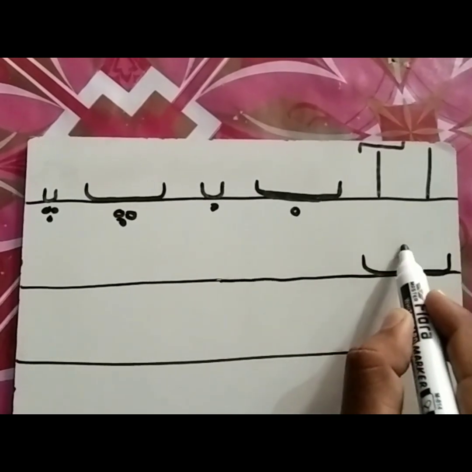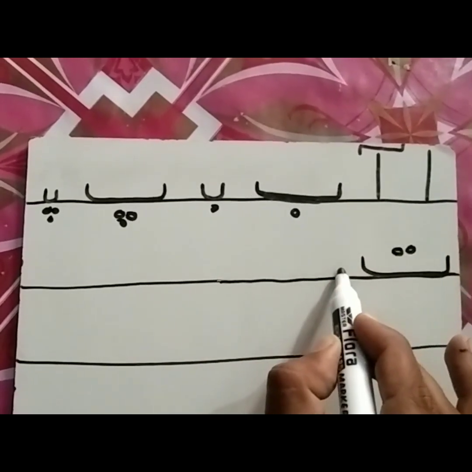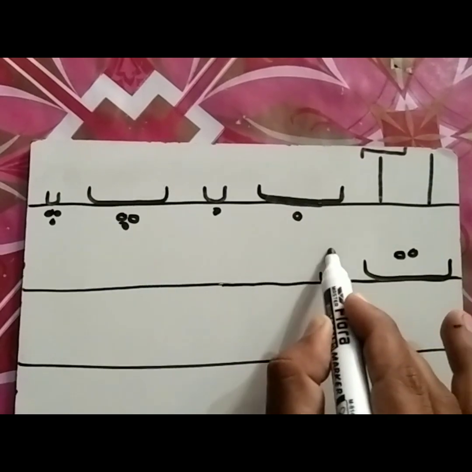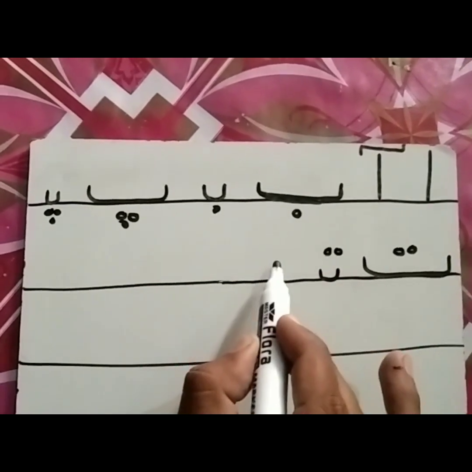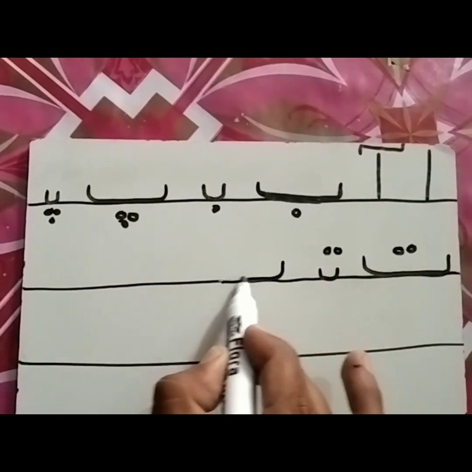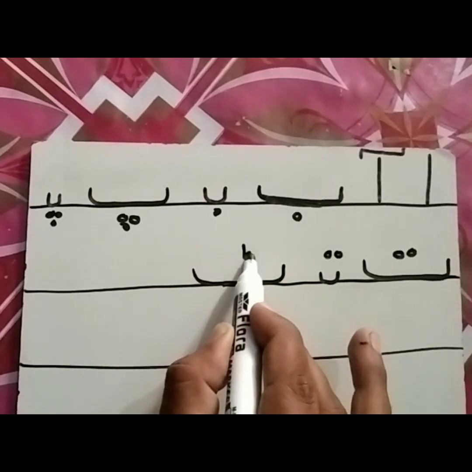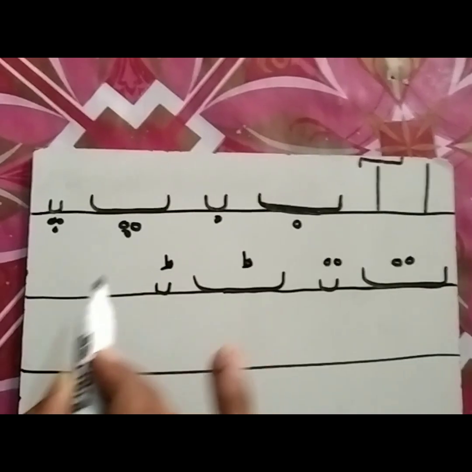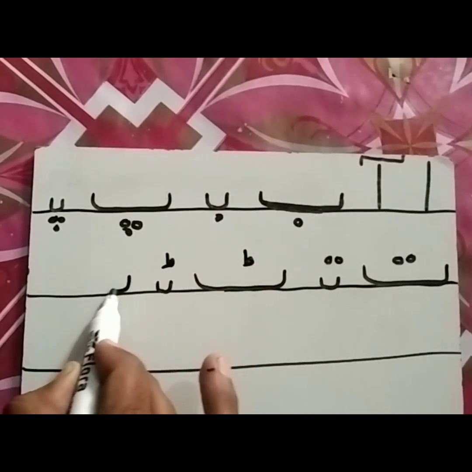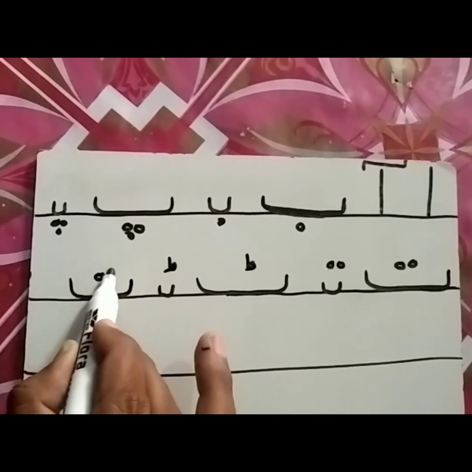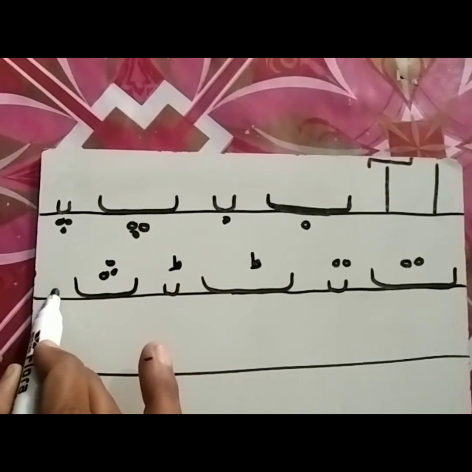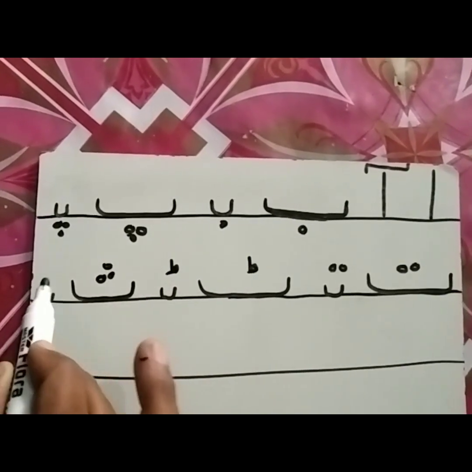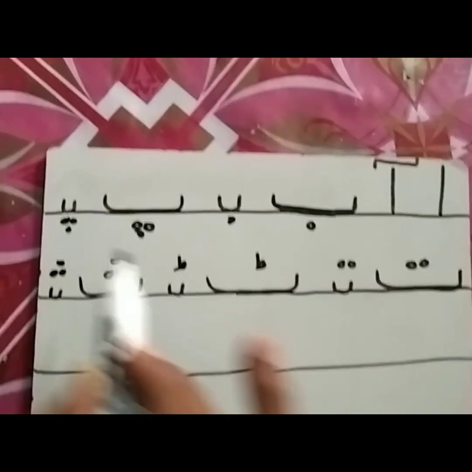Te, and the half shape of Te. Then write Te, and the half shape of Te like this. Then write Se, and their half shape like this.